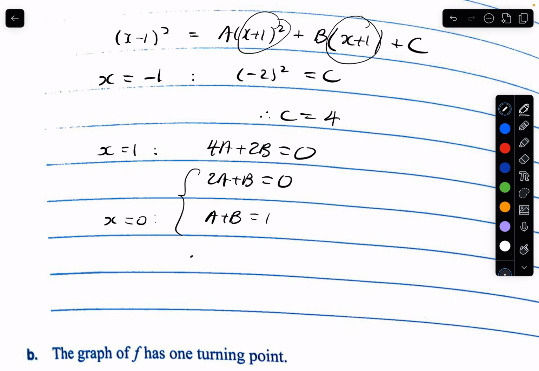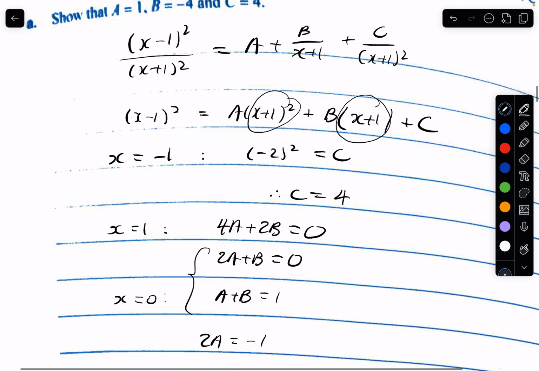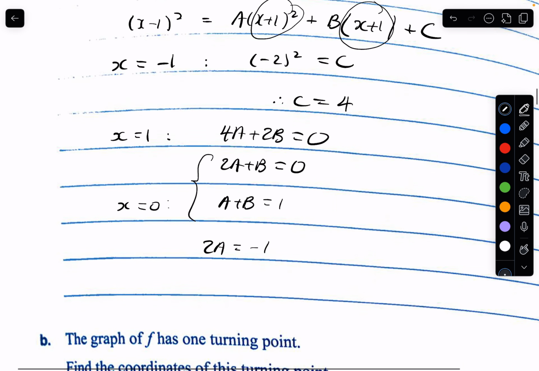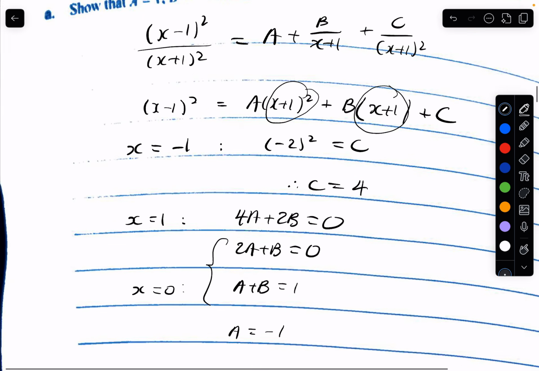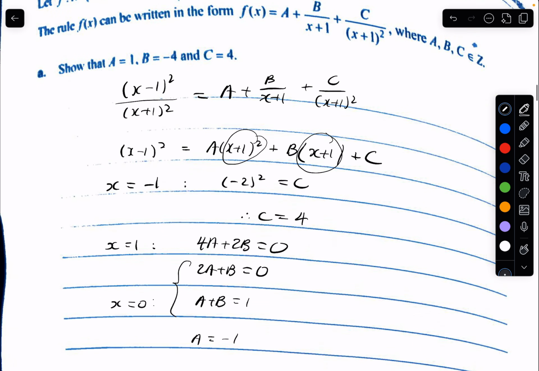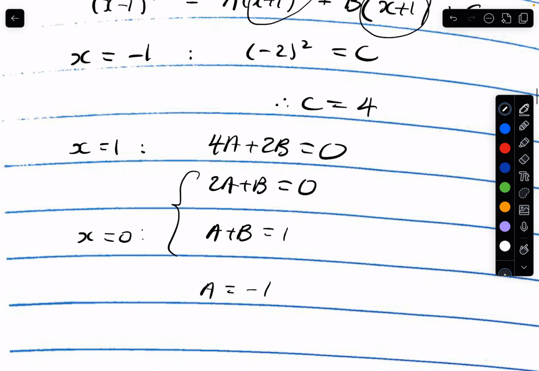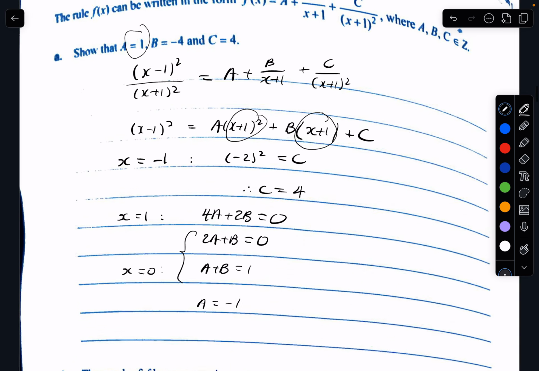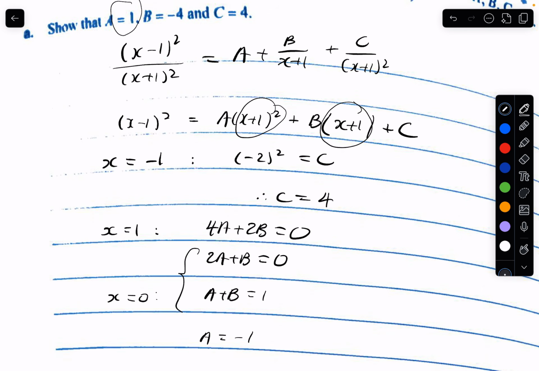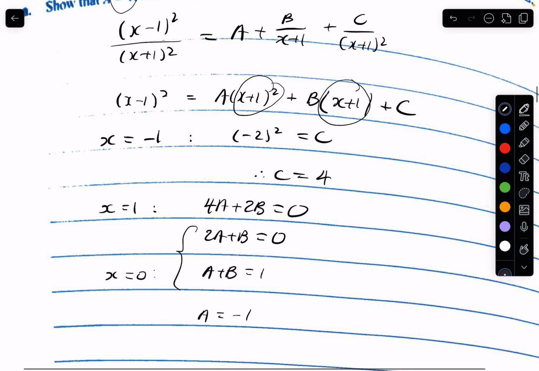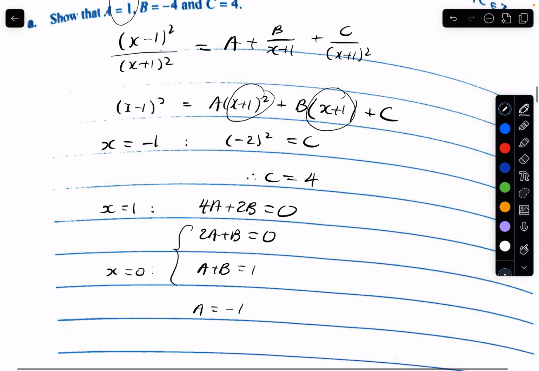If we just subtract, a is equal to negative 1. Why did I get positive? Why does it say positive? Wait, let me just double check. Oh, there's still the plus c, whoops, in both of the equations.